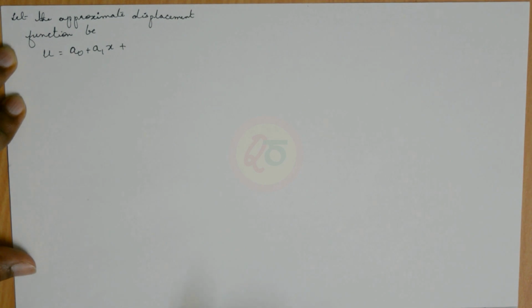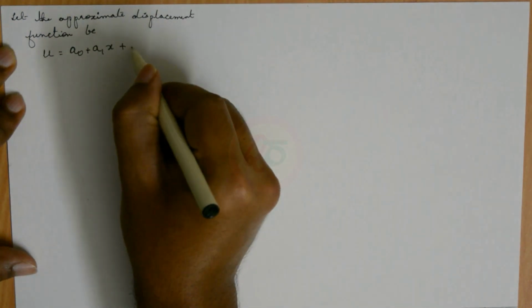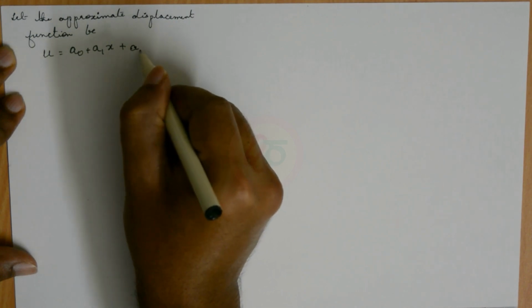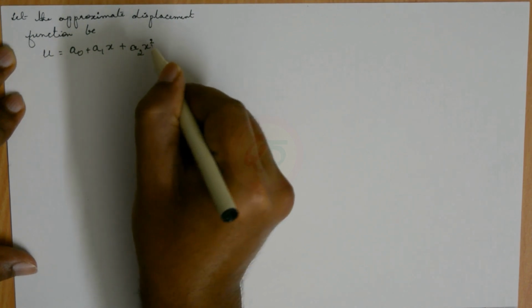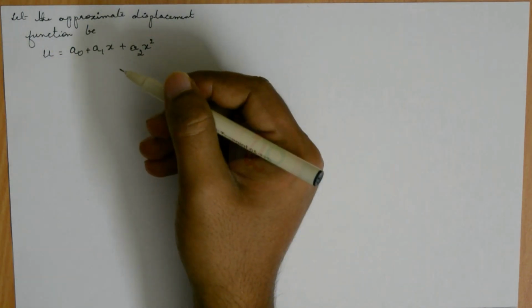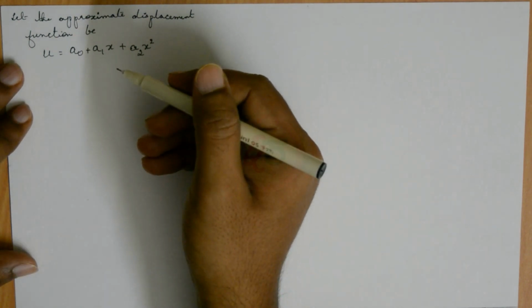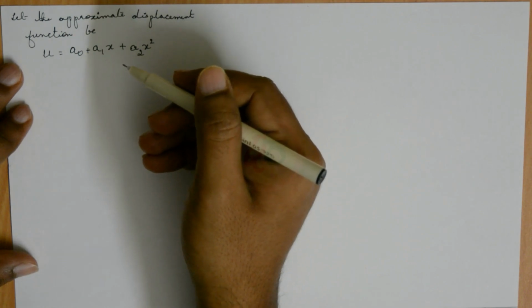Since the potential energy functional has the second order differential term dou square u by dou x square, the polynomial should be of second degree. If we limit ourselves to the first order polynomial, when we try to obtain dou square u by dou x square, we will not be able to satisfy the condition.